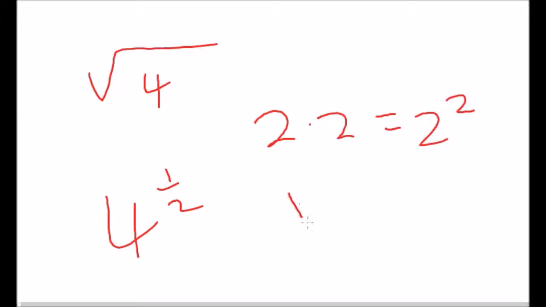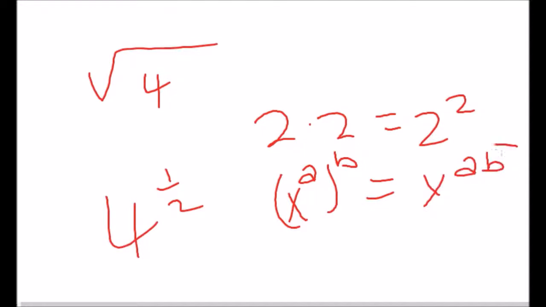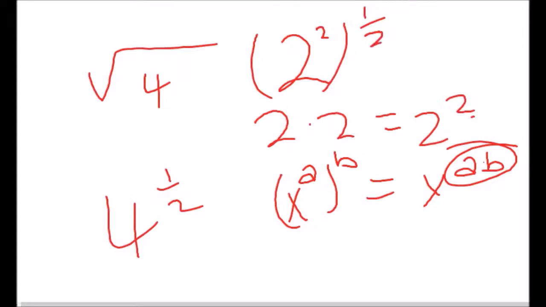If you have x to the a, all to the b, that's the same as x to the a times b. The exponents just multiply. So if you can write 4 as 2 squared, then we could write this as 2 squared all to the 1/2.